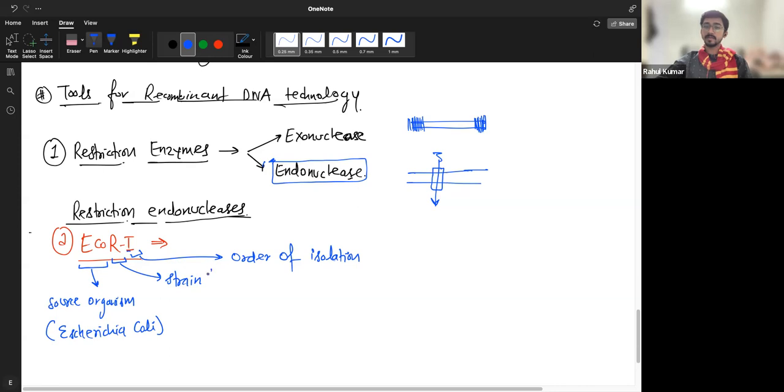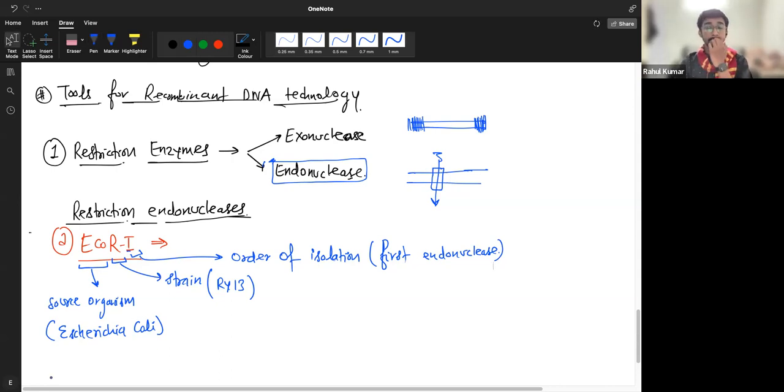R is that strain, in this case the strain RY13. And 1 means it is the first endonuclease which was isolated from this strain of this organism.